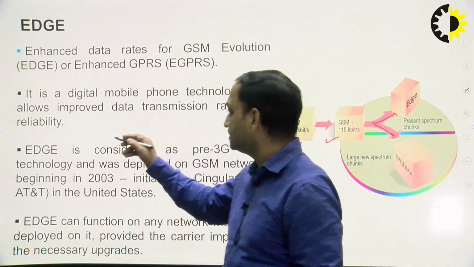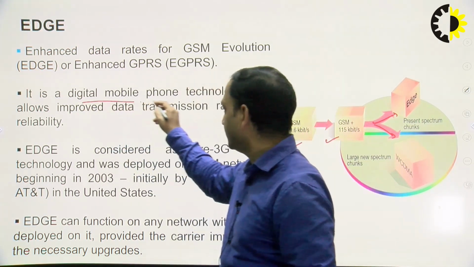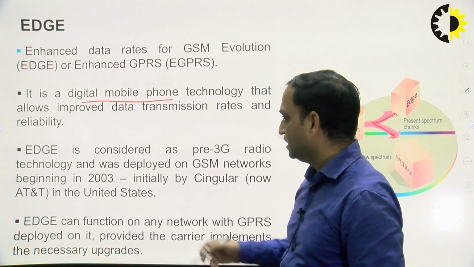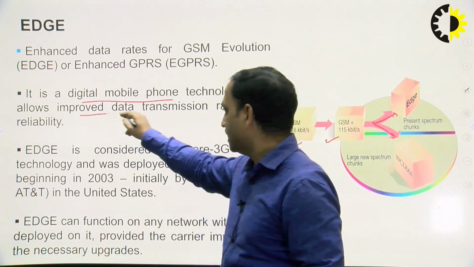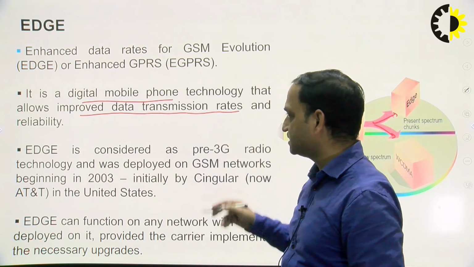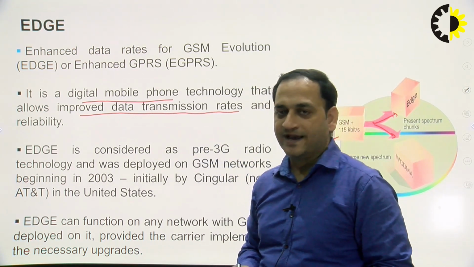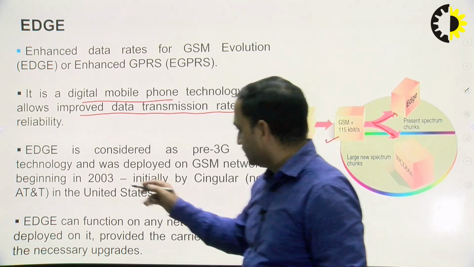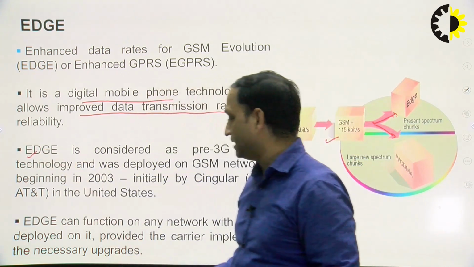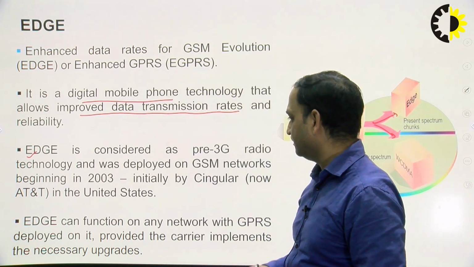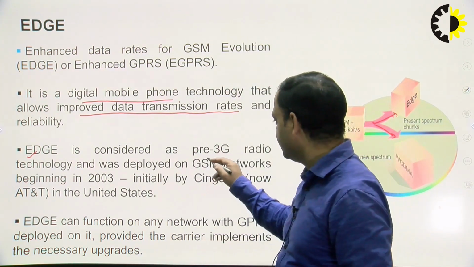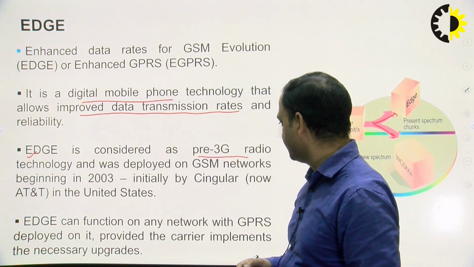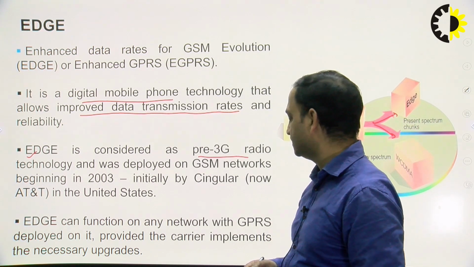In this EDGE network, digital mobile phone technology is used that allows improved data transmission rates, and the reliability is more as compared to the GSM and GPRS systems. So this EDGE network is considered pre-3G. 3G is the third generation, which was proposed by the 3GPP.